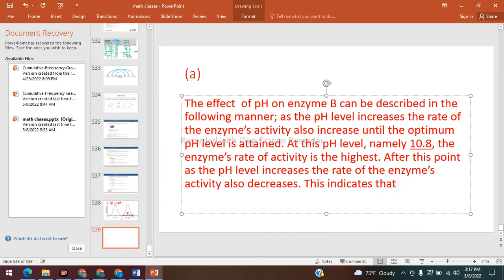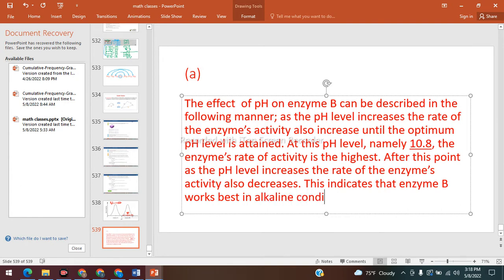Enzyme B works best in what? A pH of 10.8. Yeah, but in alkaline, right?